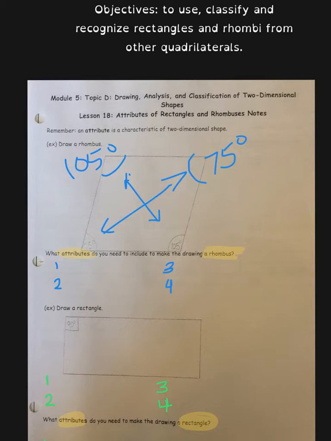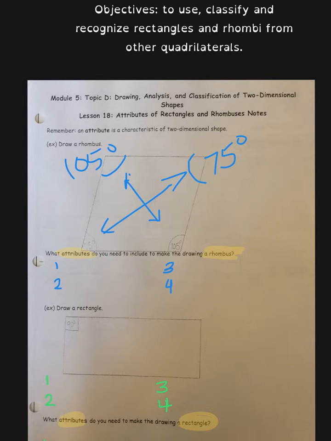Because we have two parallel sides here and here and here and here are parallel. Okay, opposite angles are the same, and all the angles add up to 360 degrees. So we have a parallelogram, all right?